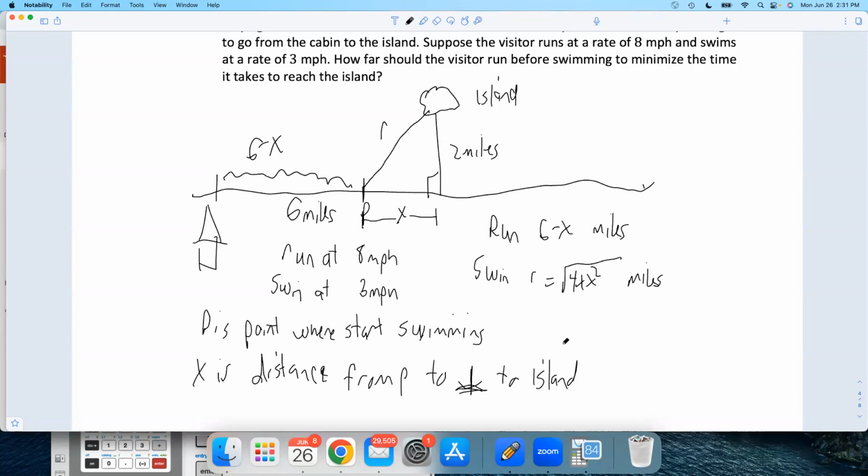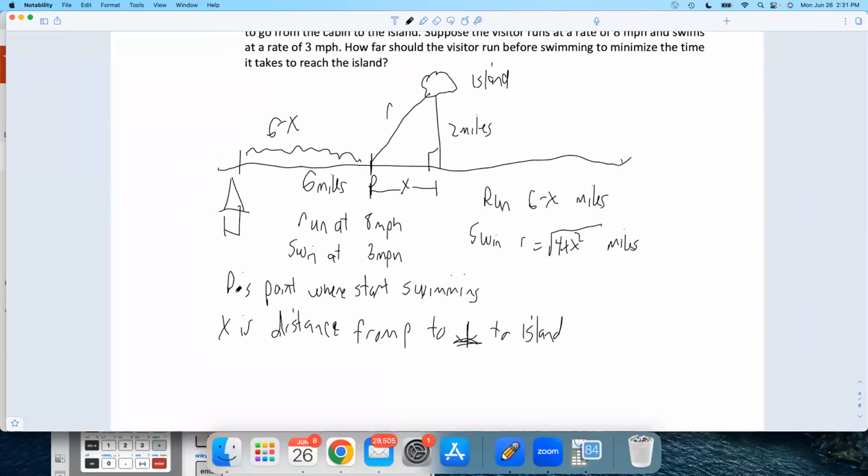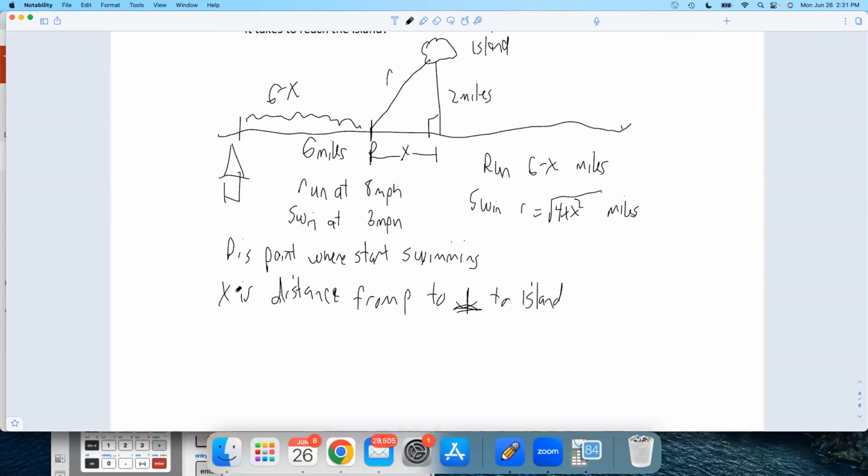So at the end, when I say, like, where should we jump in the water? And we try to write out P is blank. We're going to have to think about this. P is 6 minus x miles from the house. Okay, now how are we going to solve this? We're trying to minimize time.